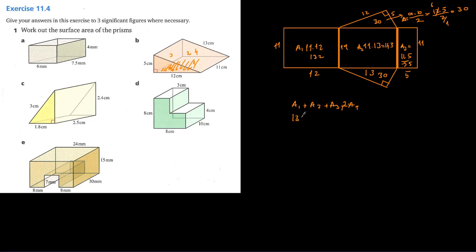A1 is equal to 132, A2 is equal to 143, A3 is equal to 55, and 2 times 30. 132 plus 143 is equal to 275. 275 plus 55, 280 plus 50, is equal to 330. 330 plus 60 is equal to 390 centimeters squared, of course. That is the end of the answer to the question.